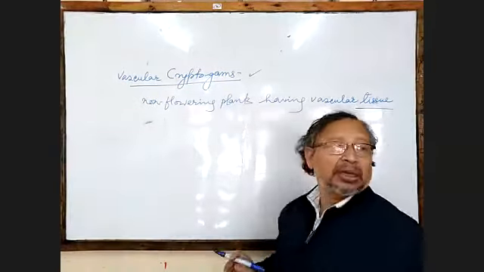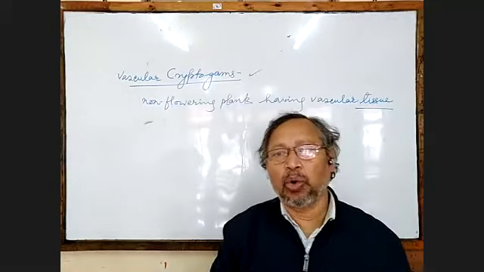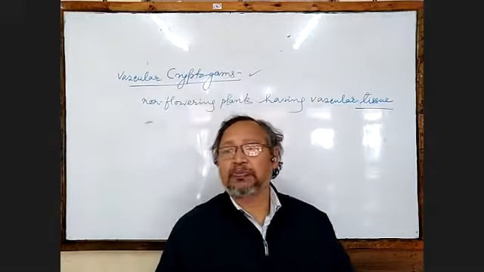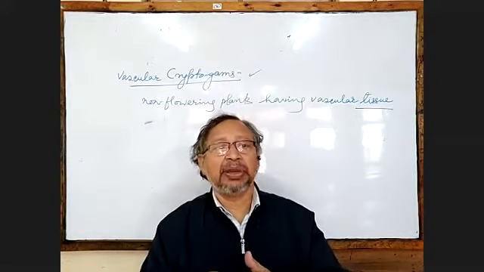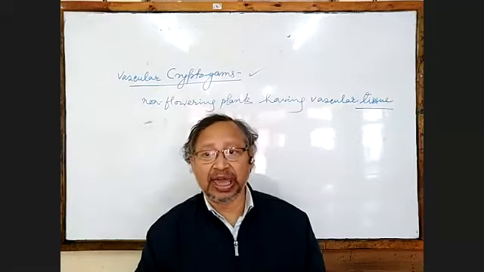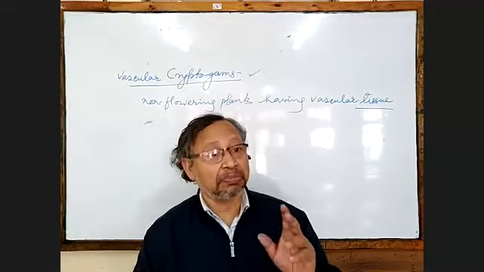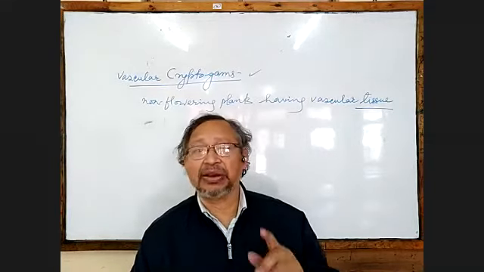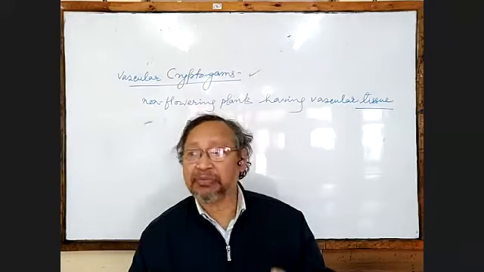According to our old two kingdom classification, these plants were divided into two major groups. One is called phanerogams, another group is cryptogams. Cryptogams are non-flowering and phanerogams are flowering plants.